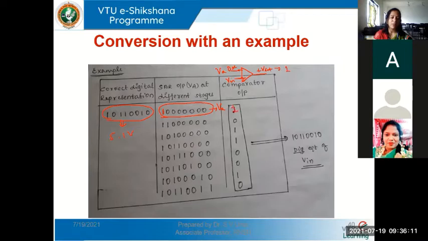That means this 1 is justified. A 1 here means the input signal is more than the DAC output voltage. Vin is greater than VDAC, we get a 1 here, and that 1 will be retained.